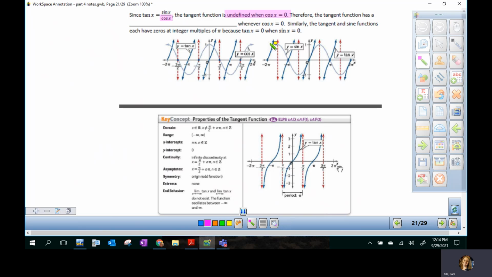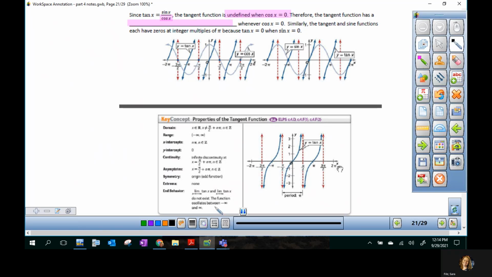Does that make sense? So what happens on the graph when it's undefined? What's going to exist on the graph where the value is undefined? What were those vertical dashed lines called again? Asymptotes.